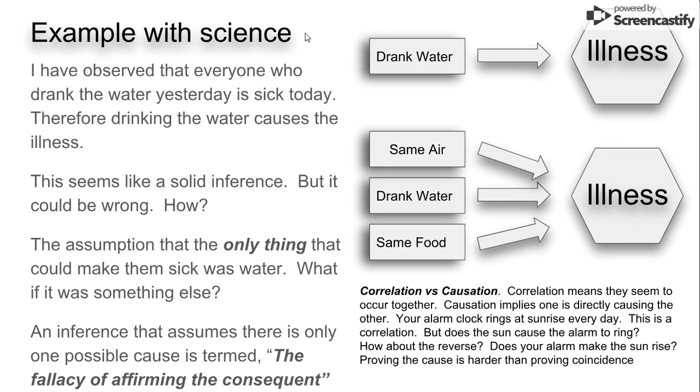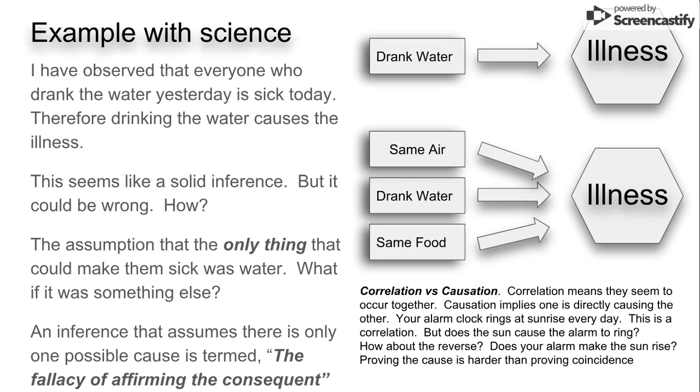Here's a classic example in science that in the early days when they were trying to figure out what made people sick. I observed one day that everyone who drank water fell ill with this mystery illness. This seems like a very solid inference. The observation: people are sick. People who were sick drank water.